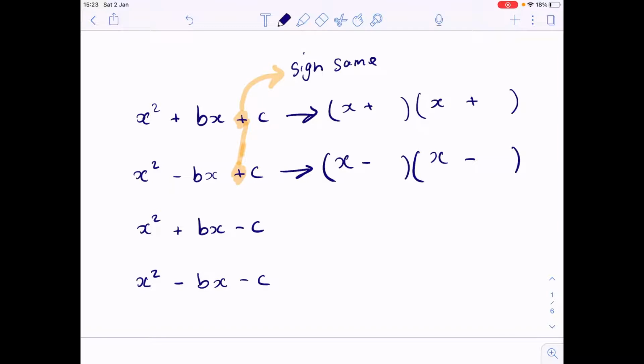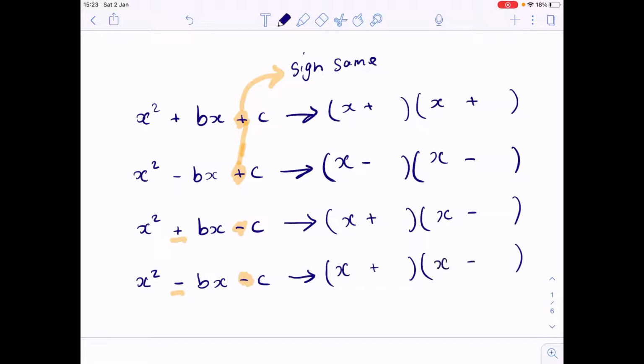And if our final term is negative, then it doesn't really matter what this sign is, because we know that this is going to come from two brackets where we've got a positive number times a negative number. So it's going to be something like that.